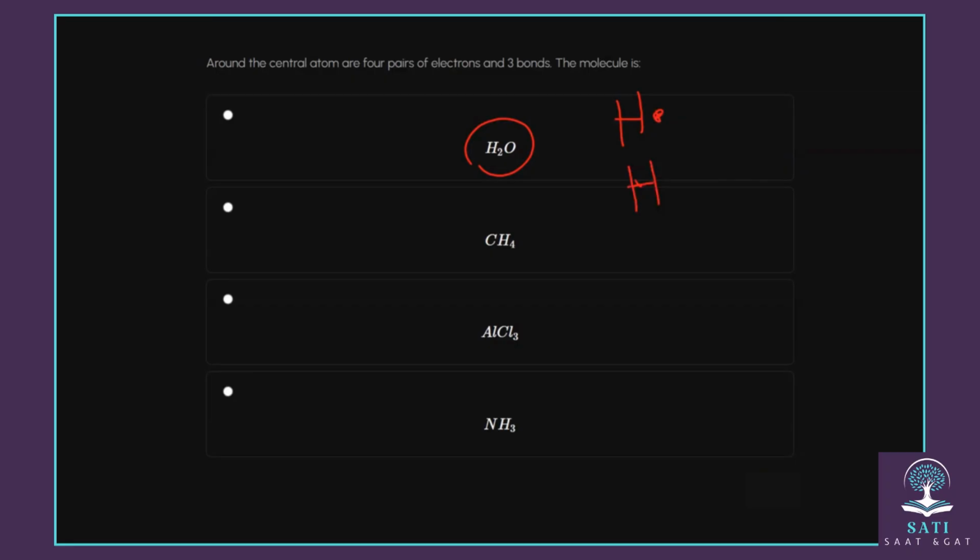Because you have 2 hydrogens, each one has 1. The oxygen, as we know, has 8 electrons, distributed 2 in the first shell and 6 in the outer shell. So 6 electrons are in the outermost shell.